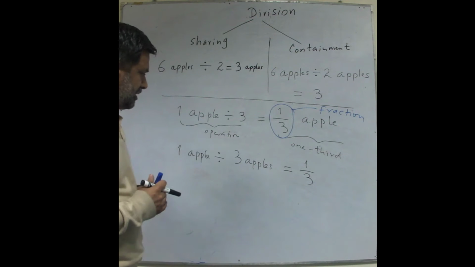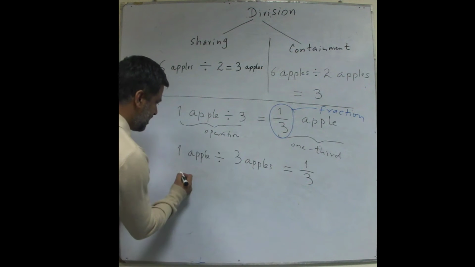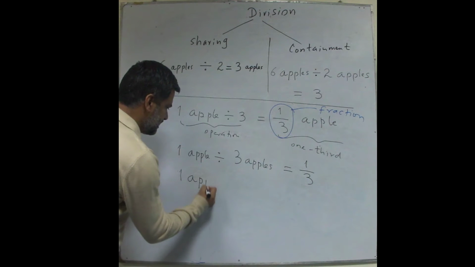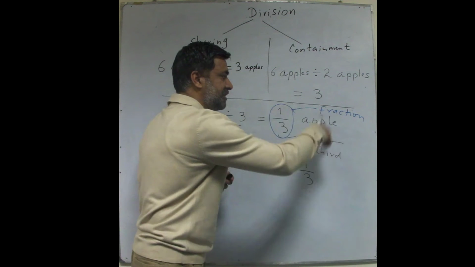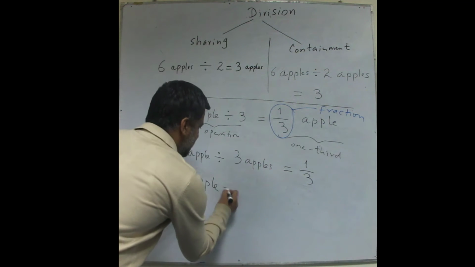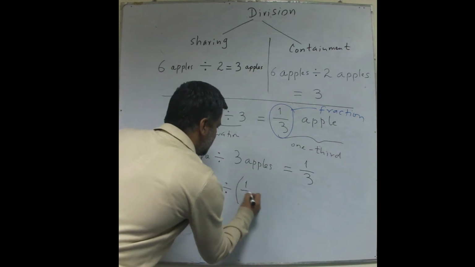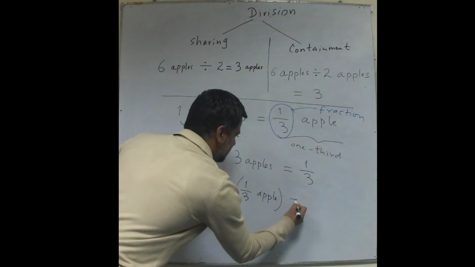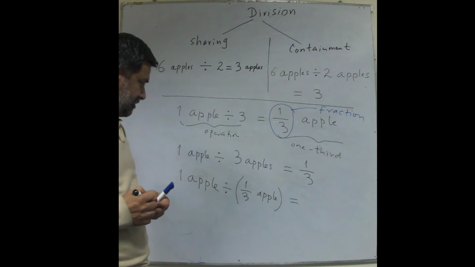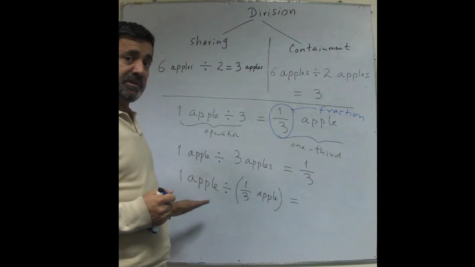So I can now turn this around. How about asking this question? Because I know the meaning of 1/3 apple, this is a third of an apple. So I can say, let me replace these 3 apples with a third of an apple. Now look at this carefully. What am I asking? This is now containment interpretation, not the sharing interpretation.